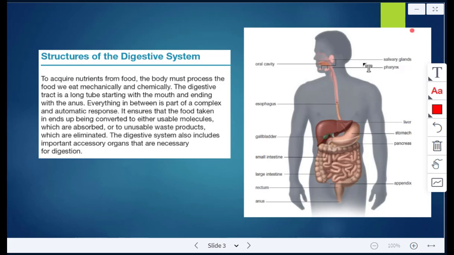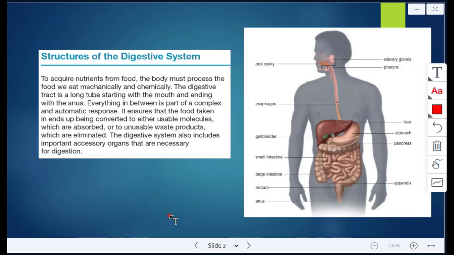It starts with the mouth, and it ends at the very bottom here with the anus. And everything in between is part of a complex and automatic response. So basically, it ensures that the food taken in ends up being converted to either usable molecules, which get absorbed, or to unusable waste products, which will get eliminated.